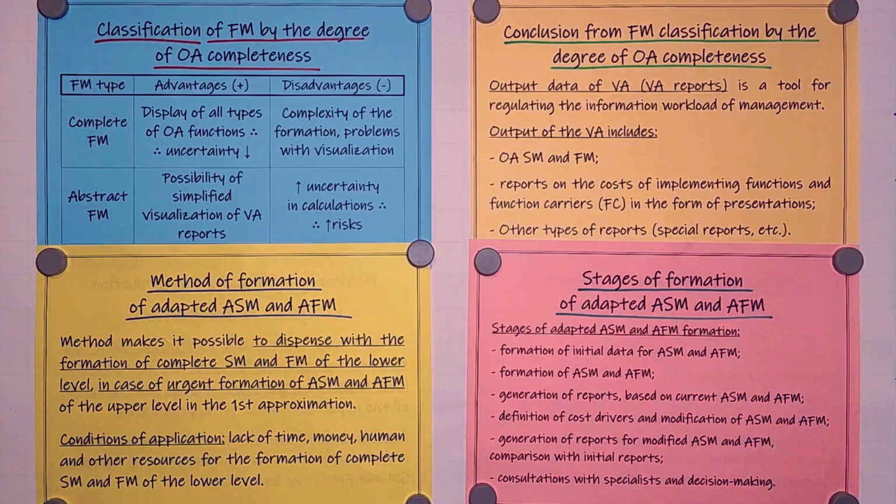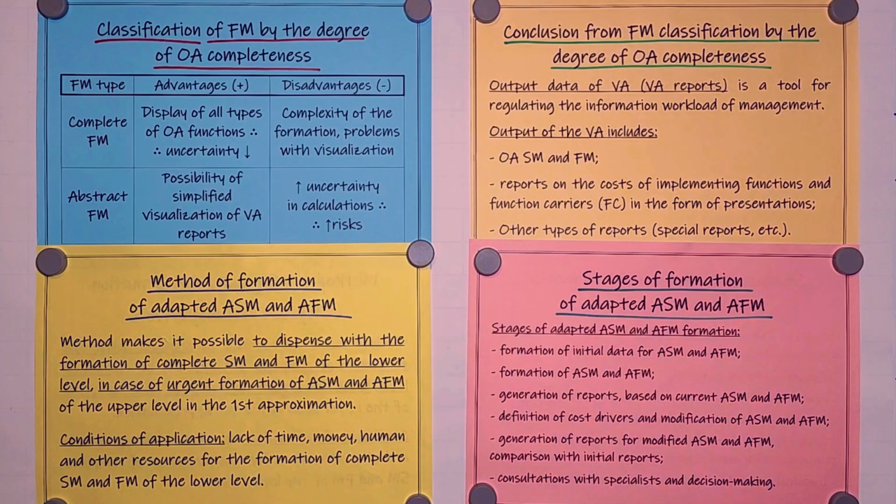In the case of stainless steel spokes: to provide special requirements for corrosion resistance, etc. The next: modification, if necessary, of the abstract structural and abstract functional model, as well as the initial data for analysis. It includes expert and actual calculations, commercial proposals, design and engineering documentation, etc., taking into account cost drivers.